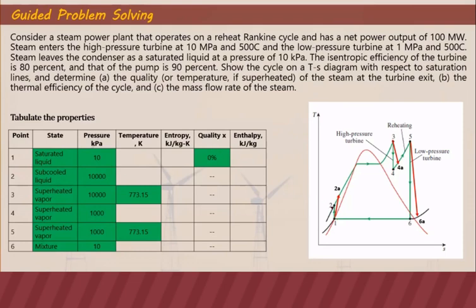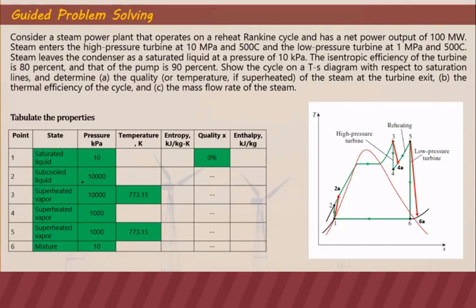At point 2, this is a subcooled liquid. And the pressure here, this green line represents the same pressure. That's why the pressure at point 3 is the same pressure as at 2 and 2A. The pressure at point 3 is 10,000 kilopascal, or that's 10 megapascal.